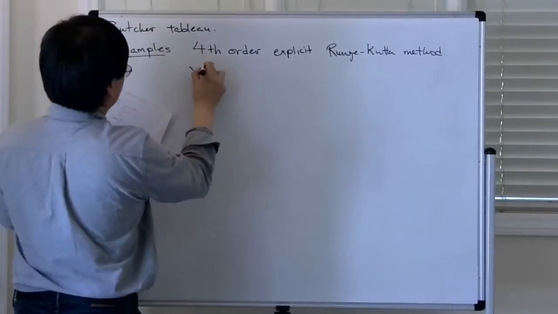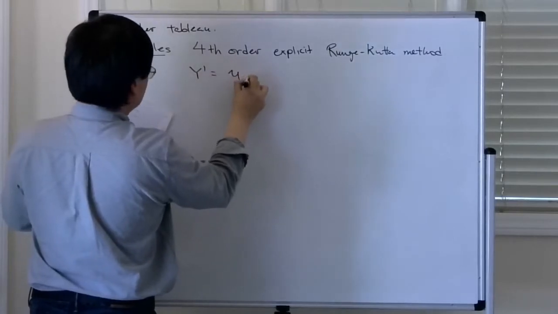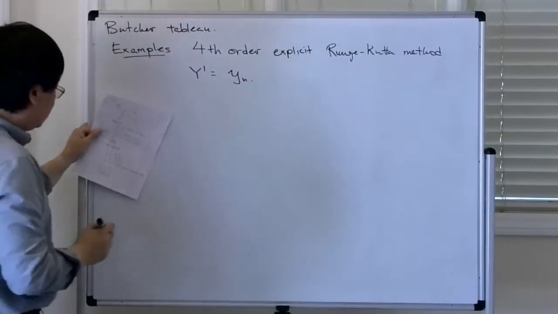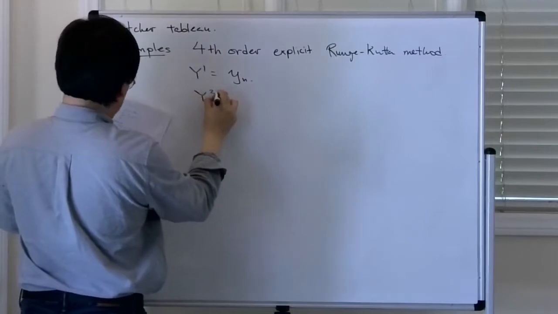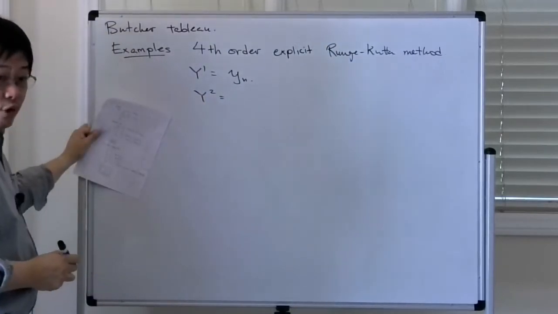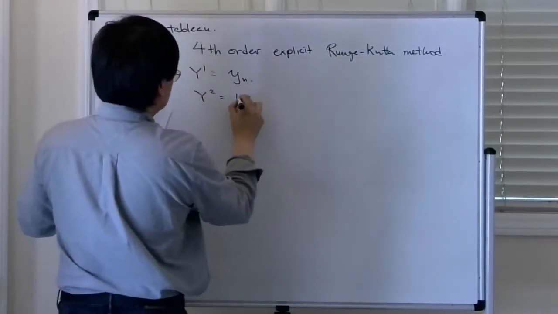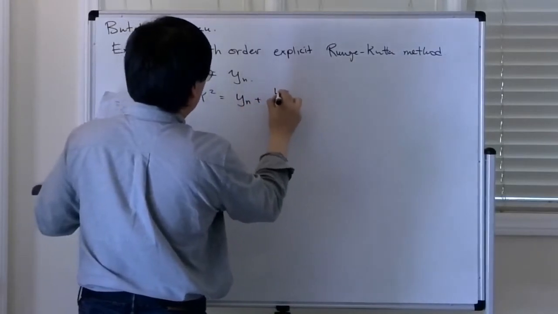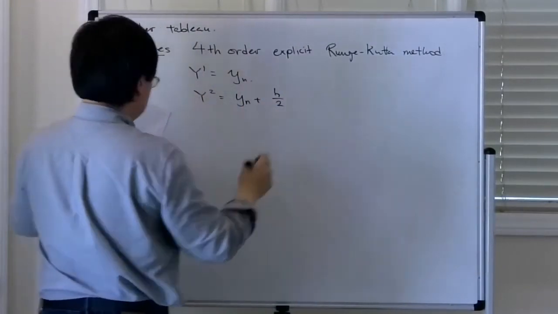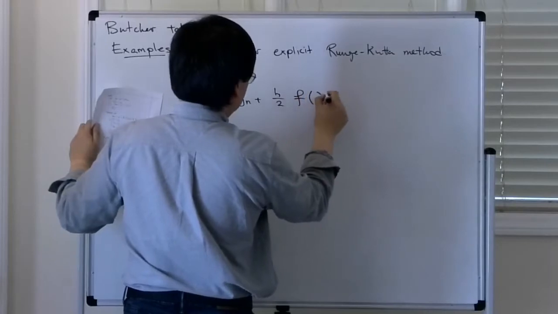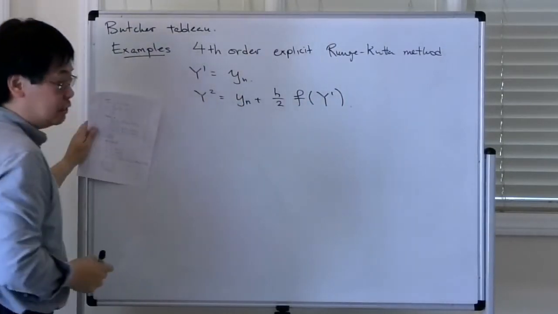So it has the following form: y1, the first stage, is just the initial value. The second stage involves basically a half Euler step, so yn plus 1/2 of h times the vector field evaluated at the initial value.